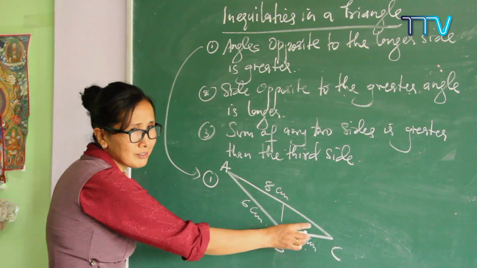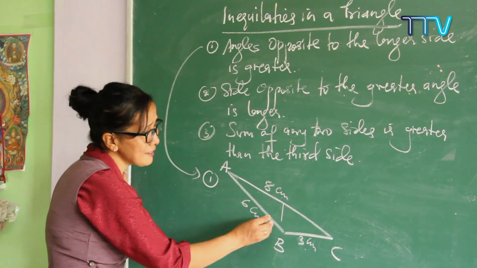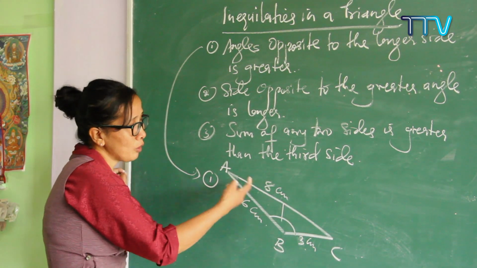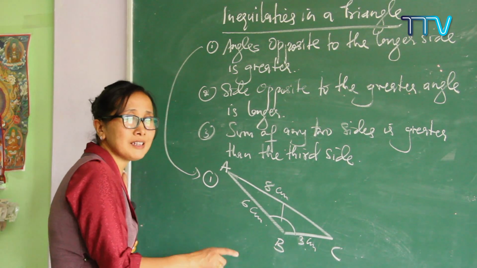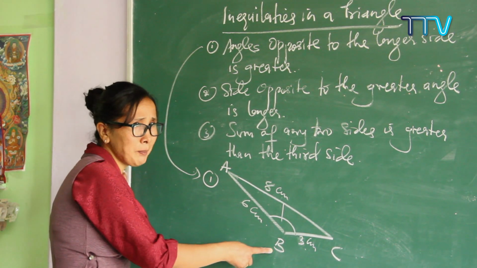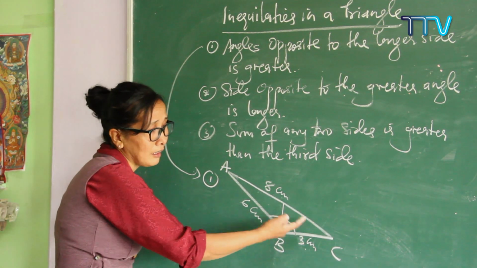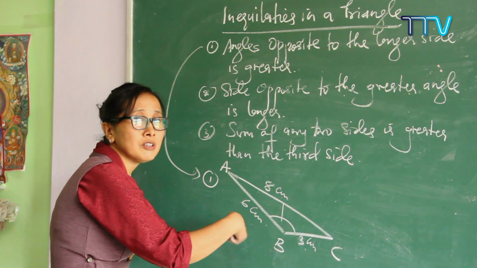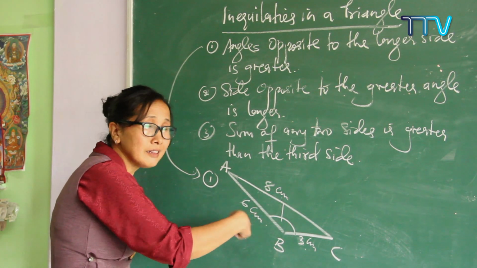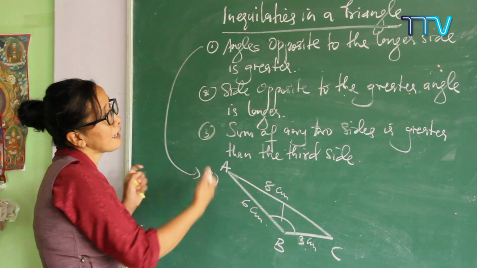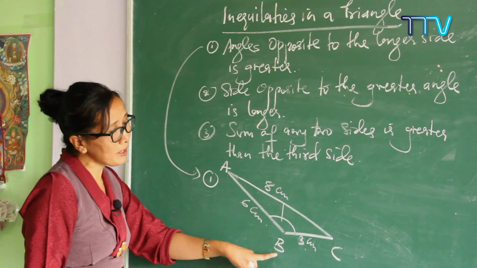Opposite to this side AC is angle B. So out of angles A, B, and C, which one is the greatest angle? Angle B. Why? Because opposite to this angle is 8 centimeters, the longest line segment among these three sides. So the angle opposite to the longer side is always greater.